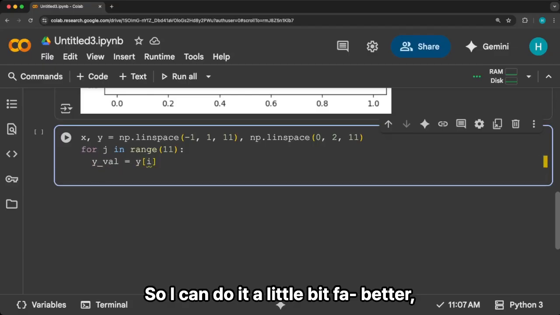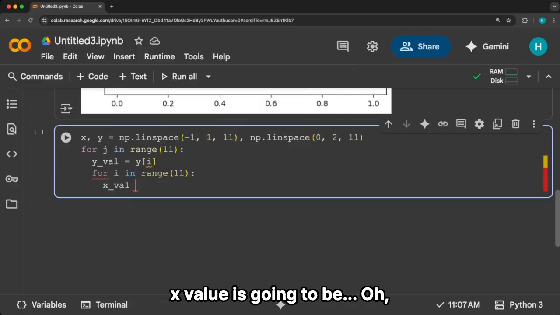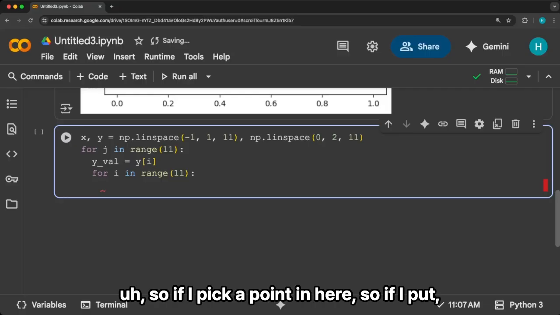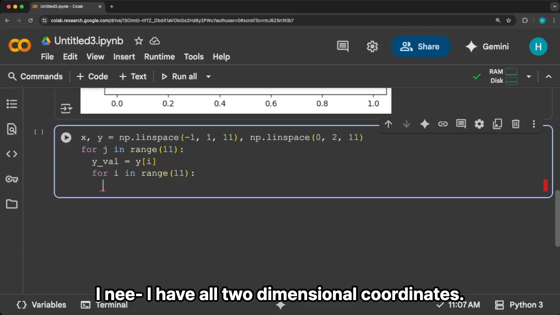Oh, I don't need the x value, right? So I just need this. And then I want to draw: if I pick a point in here, let's say the first y value in the range, and I pick all these values, these are all 2-dimensional points. I have all 2-dimensional coordinates.